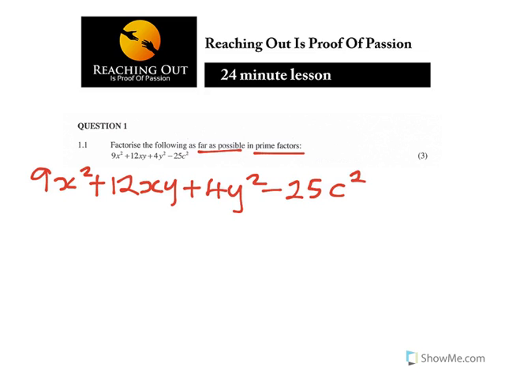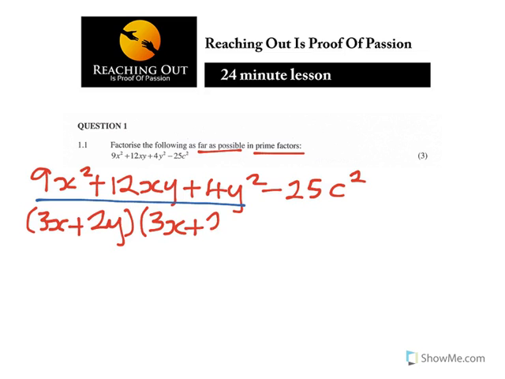Now, what are you picking up? If you look at the first 3 items, you will discover that this is 2 brackets, which is (3x plus 2y) and (3x plus 2y). Remember, this is 3 marks, so you need to be able to pick that up.